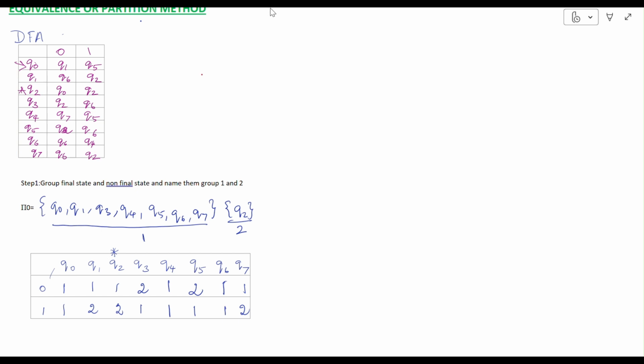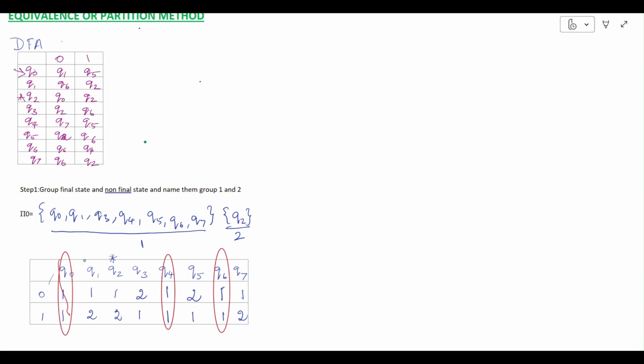Now Q0 is having 1 1, Q4 is having 1 1, Q6 is having 1 1. So let us group all these together: Q0, Q4 and Q6. The next group is Q1 and Q7.